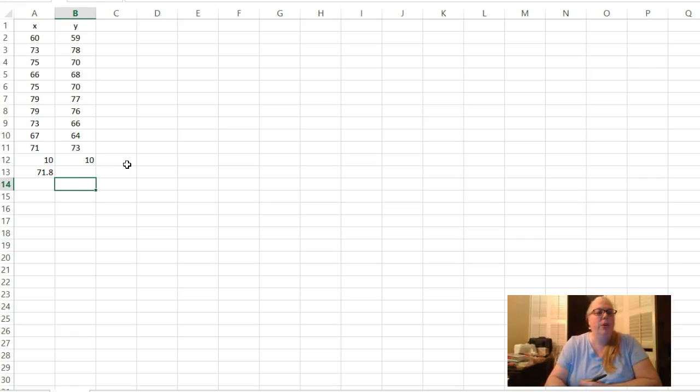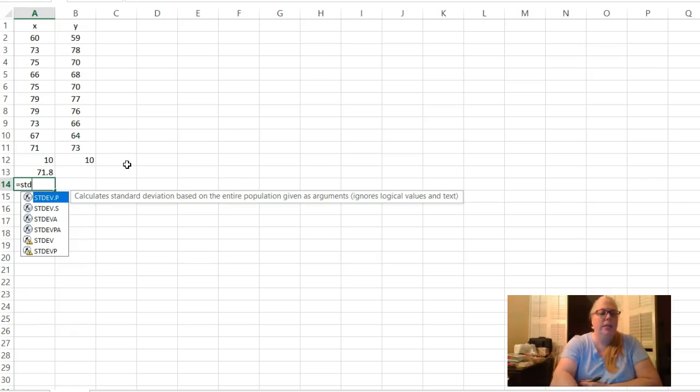We also need to know the standard deviation for our X values, and remember Excel has a command for standard deviation. This way I don't have to do the diagnostics in the data analysis, and I can call up these cells when I want to do stuff with them. Okay, so the command was equals STDEV, and you'll notice we have two of those there, we've got stdev.p and .s.